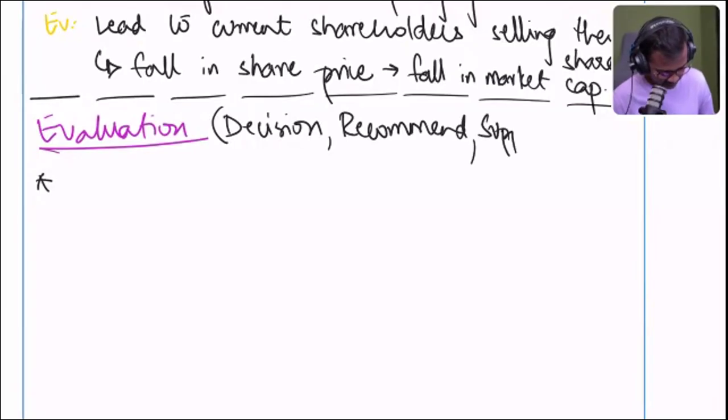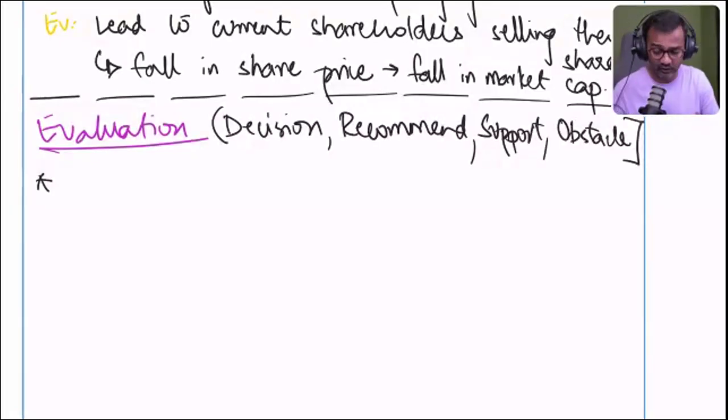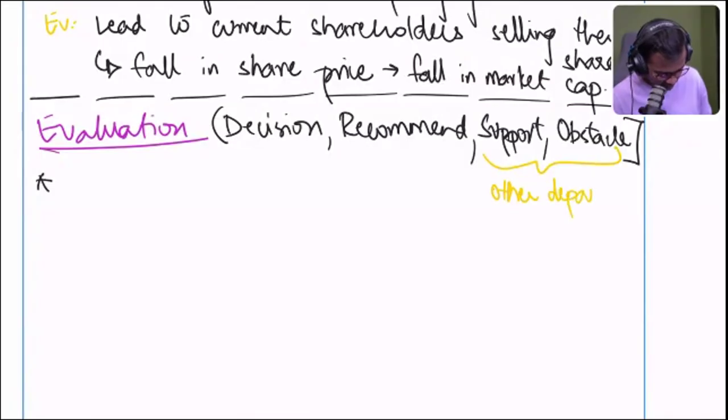Can I say something in support that, yeah, this is a good idea because so many other good things are going to come our way? Or can I go against it and tell them of a potential obstacle that might come up because you're going a certain direction? So, sort of, this is a checklist to go through in a way, to see if you have everything covered.